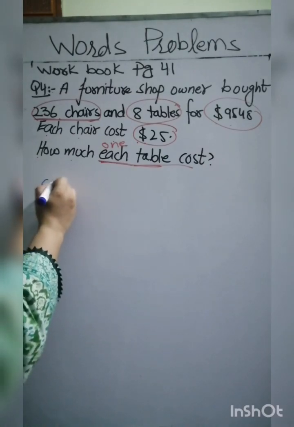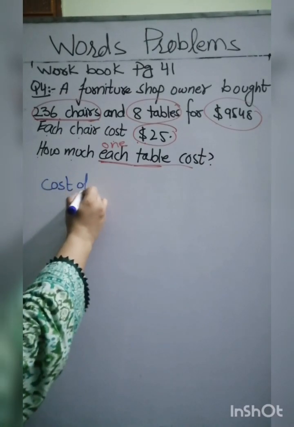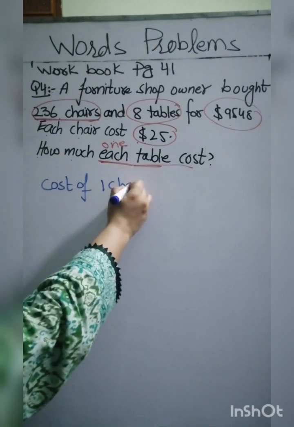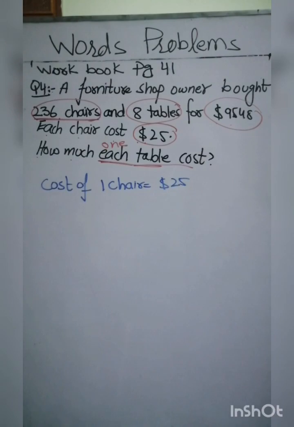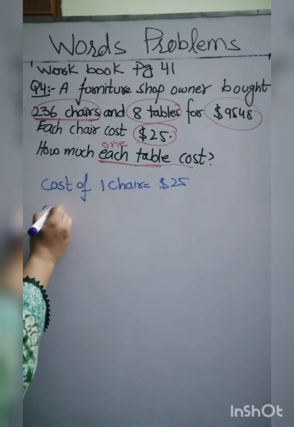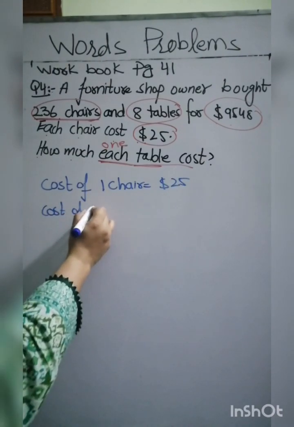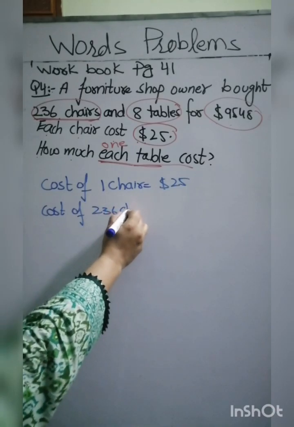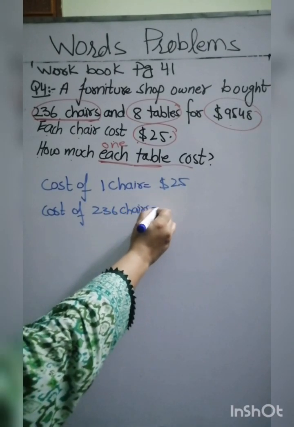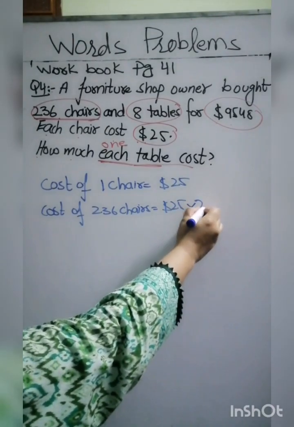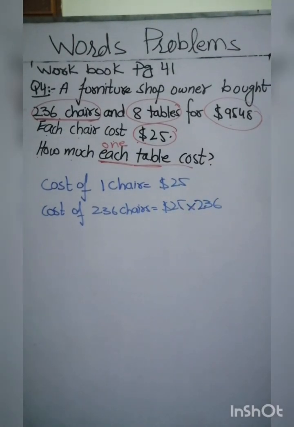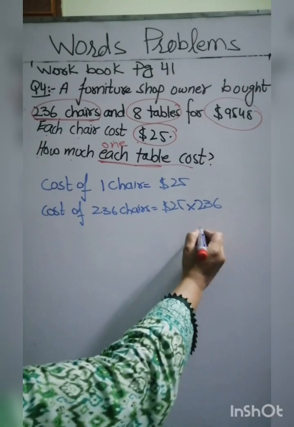Cost of one chair is $25 and cost of 236 chairs is $25 multiplied by 236.